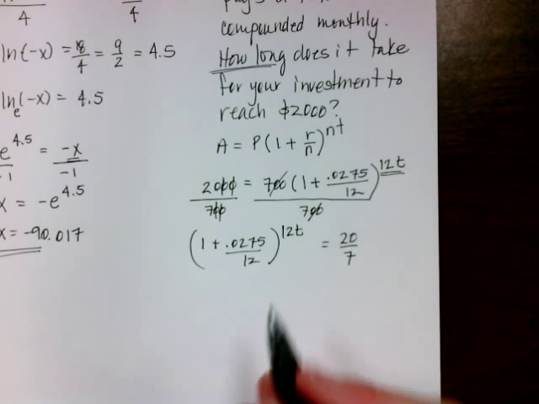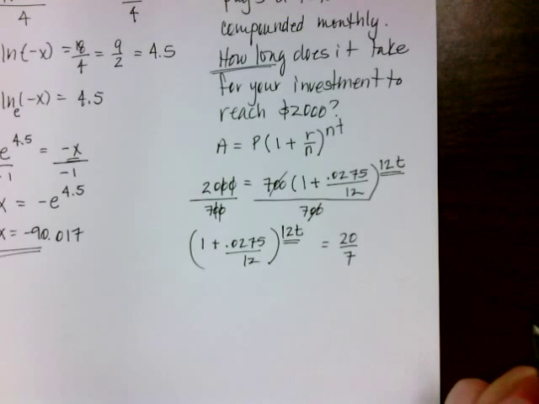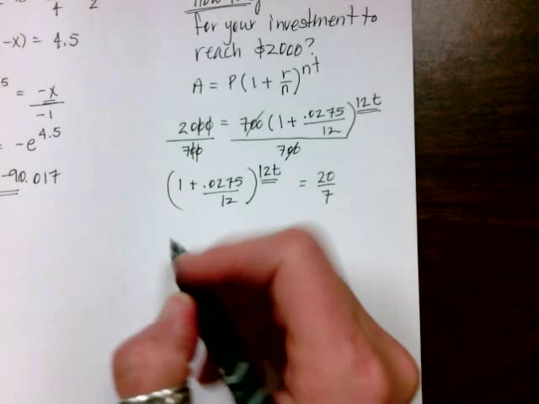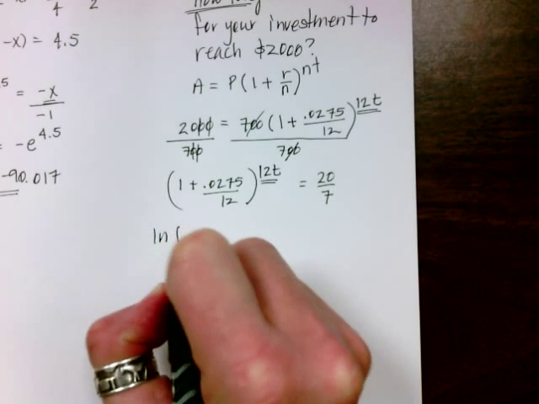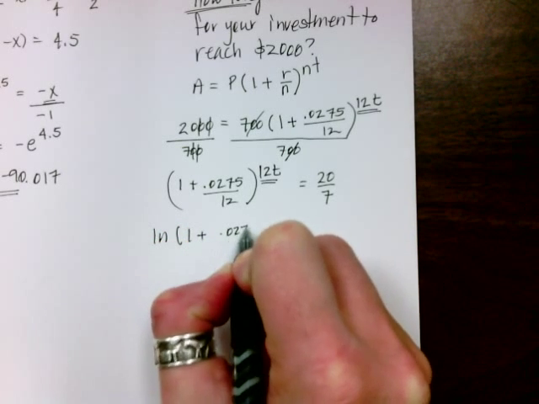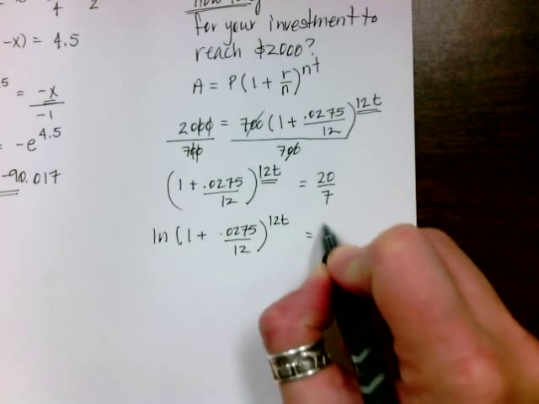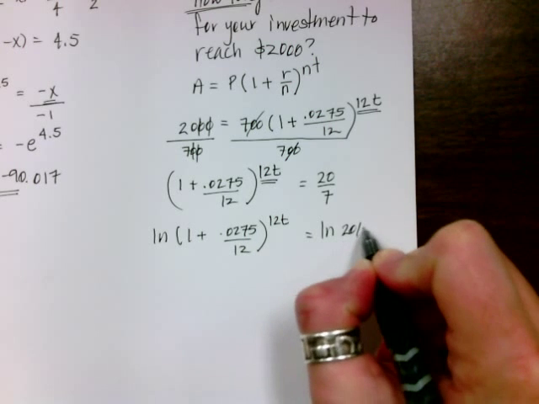All right. So now what I'm going to do is, because my variable is in the up position, I'm going to take the natural log of both sides. And I use the natural log because it's one less letter to write. So I'm going to do the natural log of 1 plus the 0.0275 divided by 12 raised to the 12t is the natural log of 20 divided by 7.